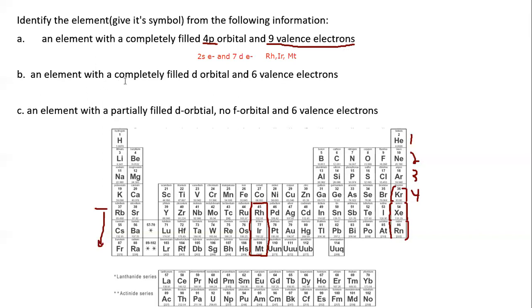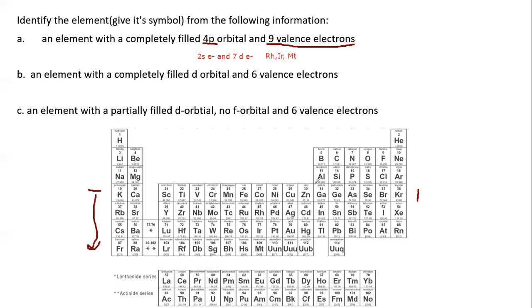Next, we have an element with a completely filled d orbital and 6 valence electrons. So since it has a completely filled d orbital, it's going to be a main group element. A completely filled d orbital would be something on row 4 or below.